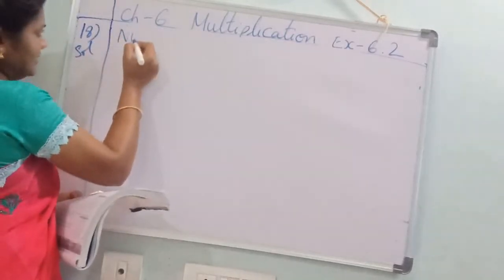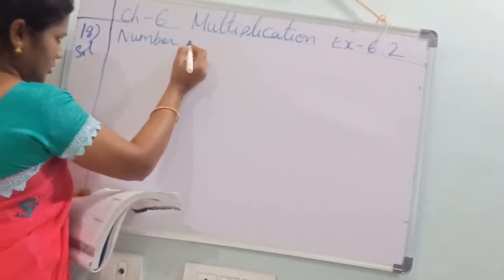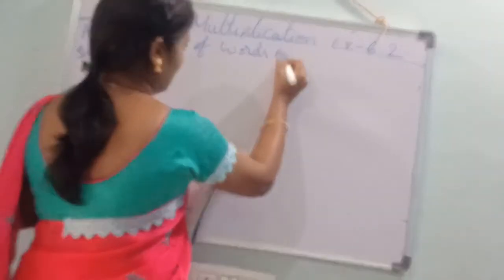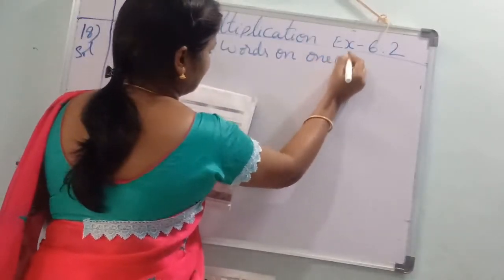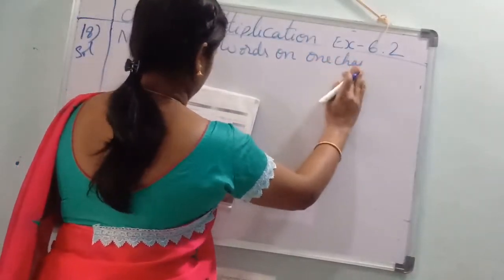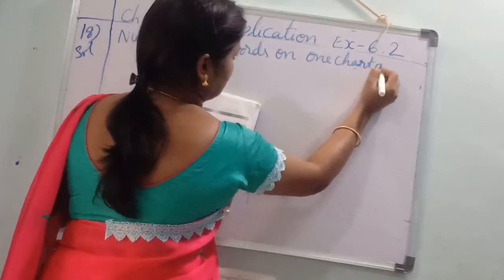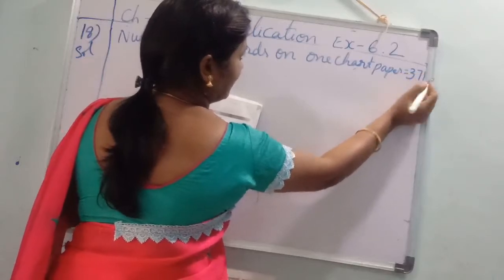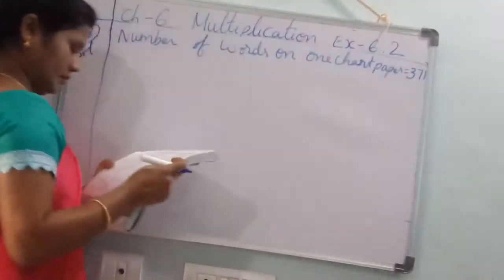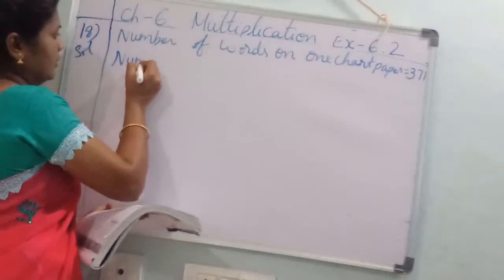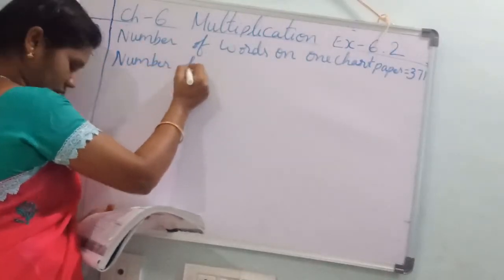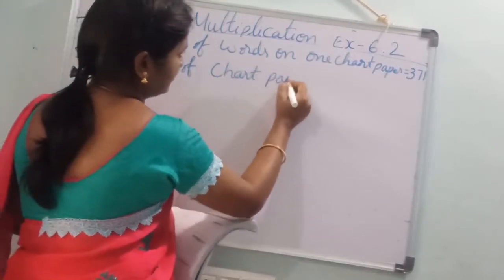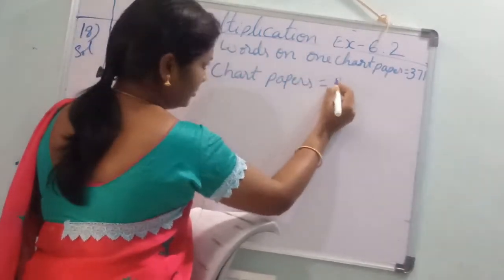See, number of words on one chart paper is equal to 371. Number of chart papers is equal to 3.